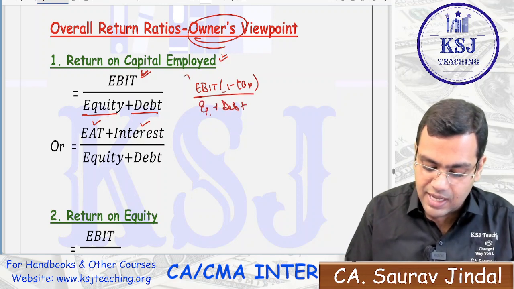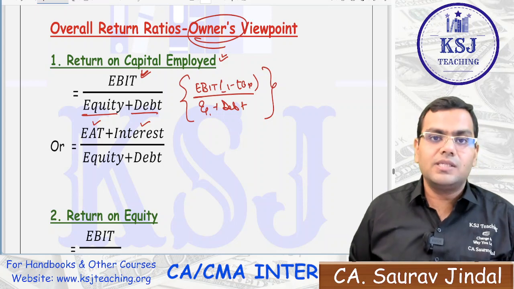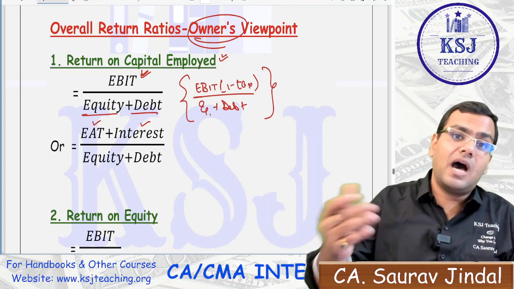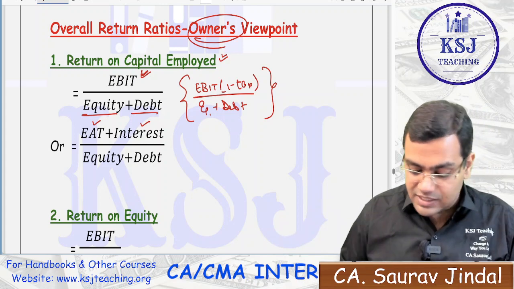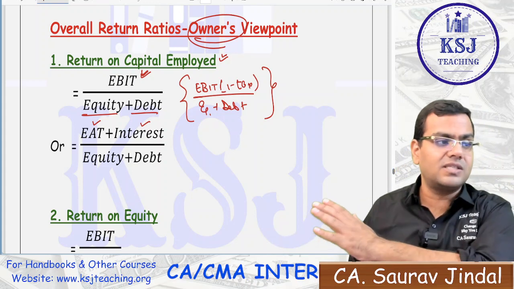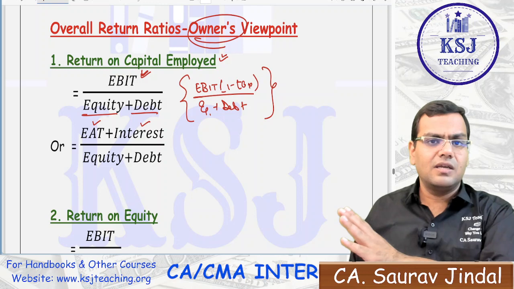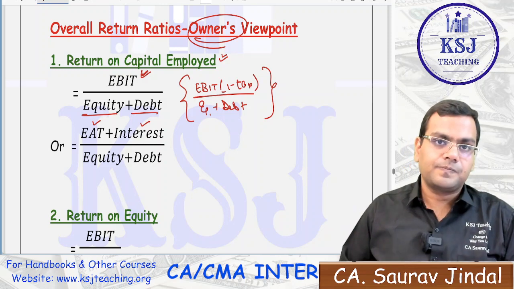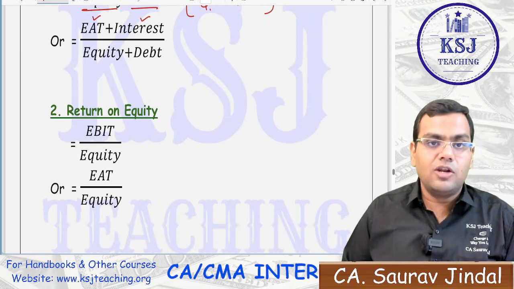That is, the earnings from operations is EBIT, but the taxes are mandatorily to be paid to the government. So after paying off the taxes, what is the amount that is left with the business? Right?